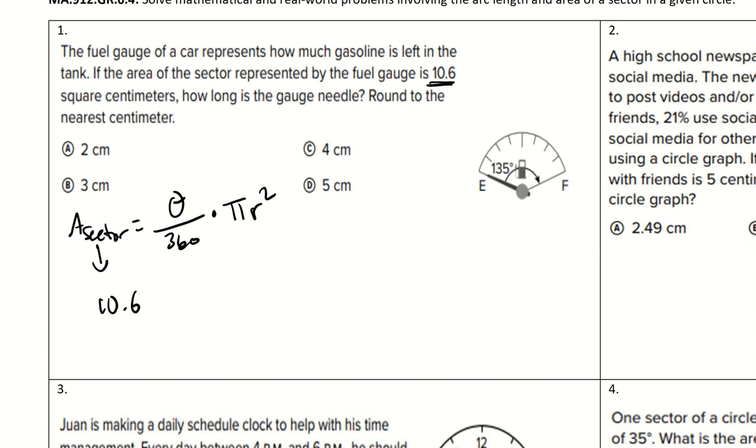So 10.6 equals 135 out of 360 times pi times the radius squared. The length of the needle is roughly the radius of that circle, so we're going to use that as the length of our needle. Basically we're going to convert this to a decimal, and then multiply by the reciprocal.